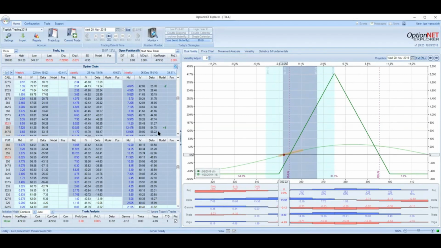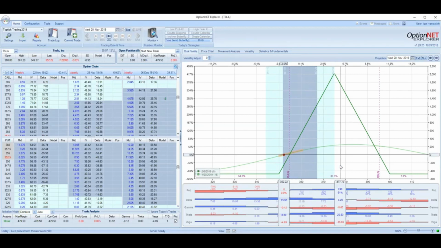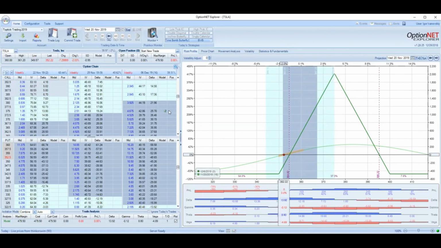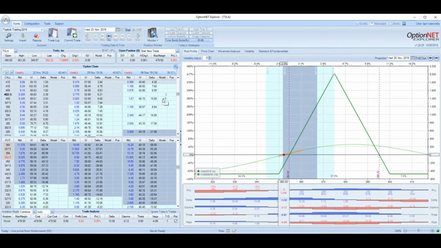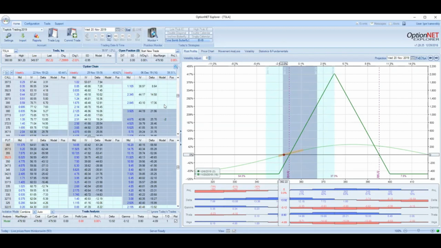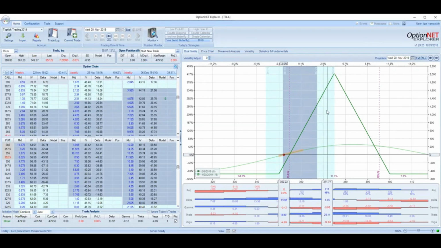So I went ahead and I placed my short strikes at 375, which is about 25 points out of the money. And then I used $50 wings, or 50-point wings.